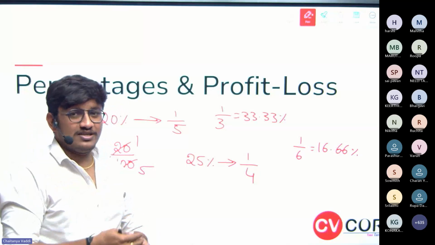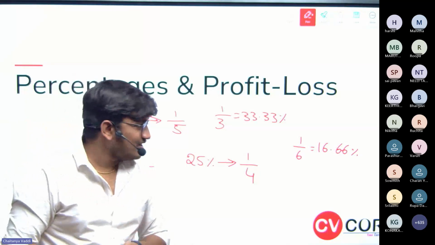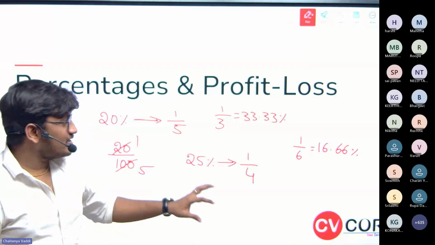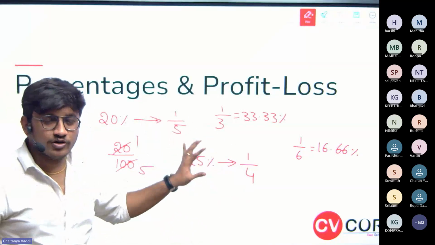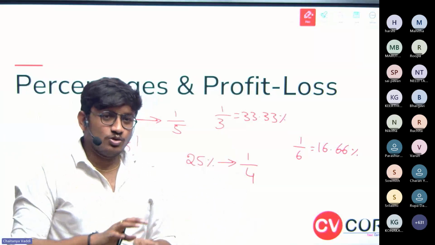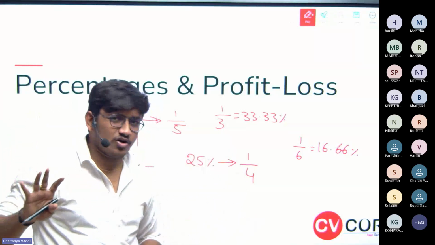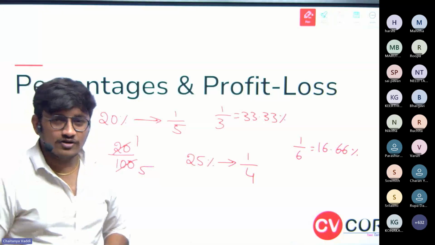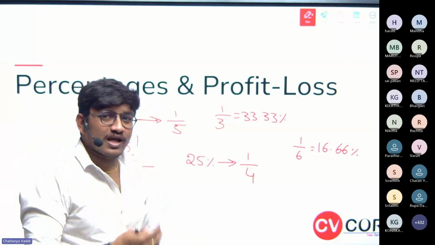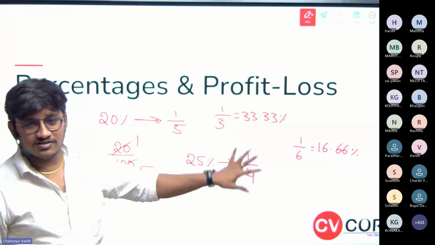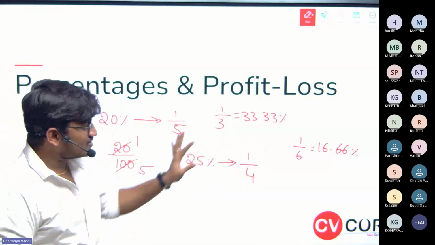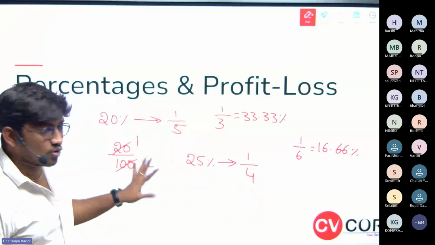Before coming to the percentages and profit and loss session, especially for TCS NQT, my small suggestion is to go through the complete concept of percentages and profit and loss on the CV Corp YouTube channel. It is almost a 2 hour class, and then you will get more clarity about these fractions and conversions, where I have clearly explained the concept. So these are the basic and standard conversions, and you should know this part.